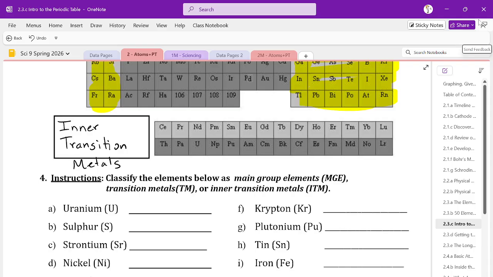If there's anyone else who wants to show me their homework, please make sure you come up and do that. The homework was 58, 59, 64 to 66.